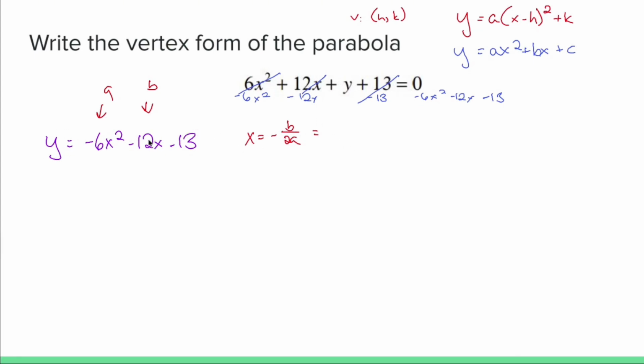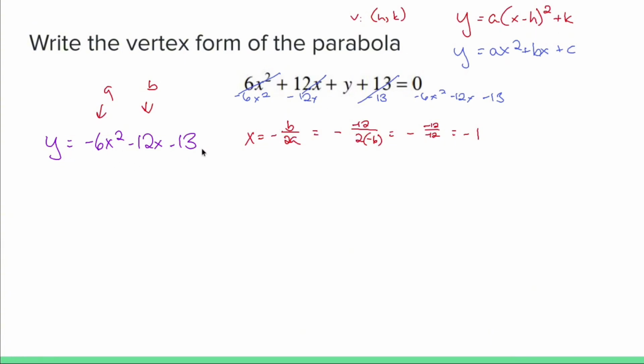So x is going to equal negative 12 over 2 times negative 6, which is negative 12 over negative 12. That's just 1. So x is negative 1. So the x value is going to be negative 1, the x value in my vertex.